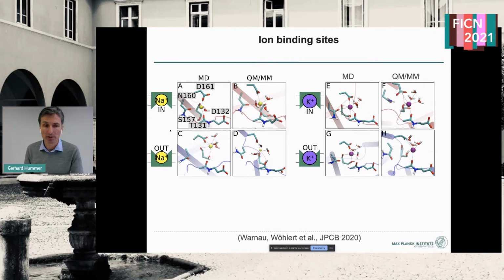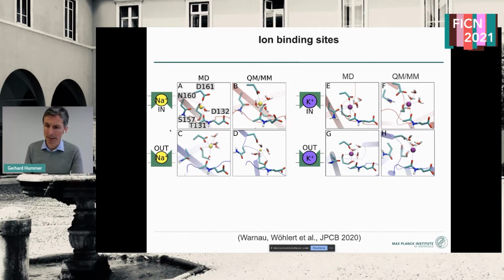We found that we had again spontaneous ion binding to the residues implicated by the structural studies on the PaNhaP transporter, and homologous residues. And we looked at this both with regular classical simulations and with a QM/MM type framework, finding consistent ion binding structures, both for sodium and for potassium.